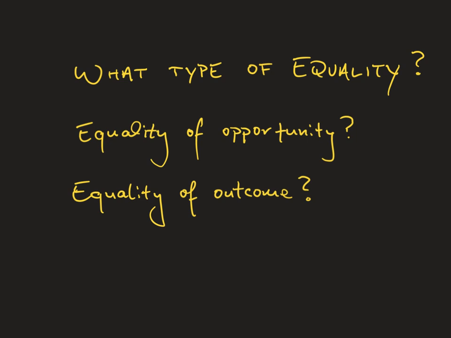So here's the challenge for equality of opportunity. It can be perhaps an inefficient use of society's resources to bring disadvantaged people up to the same level as advantaged people. Again, think of a child who's born visually impaired. To provide that child with the same opportunities as everyone else in life would require a large and expensive intervention to give the child the same sight and the same opportunities in life as children born fully sighted.